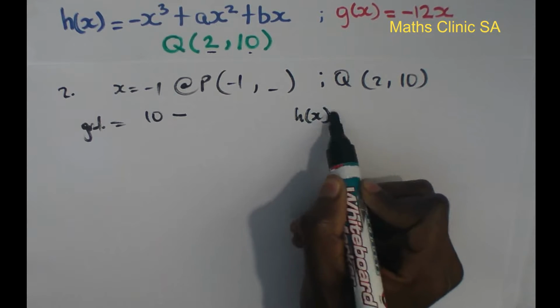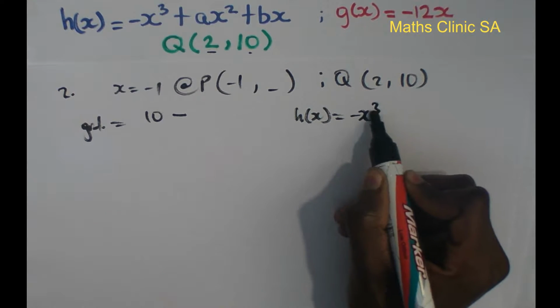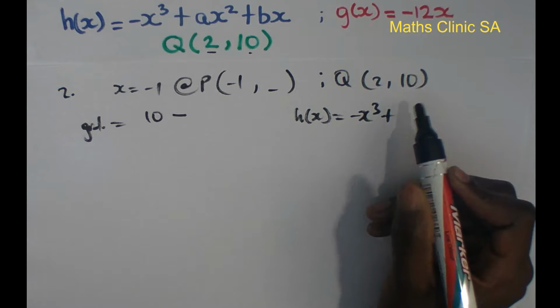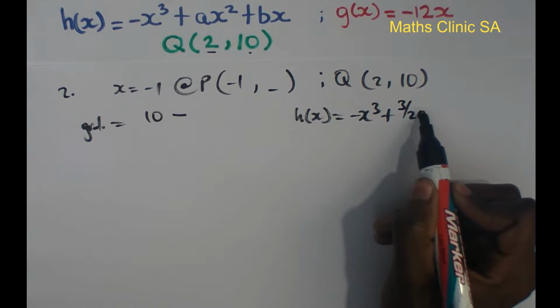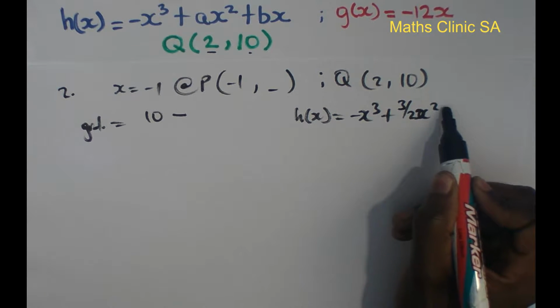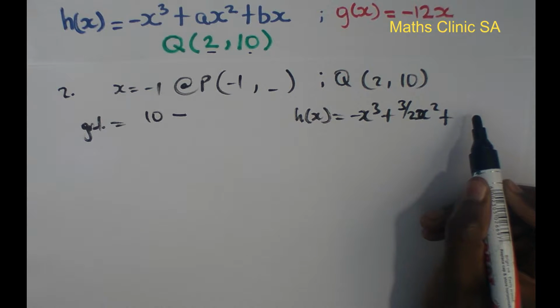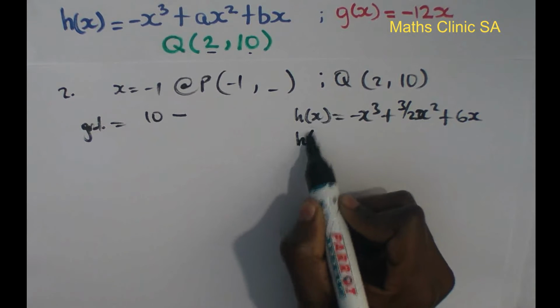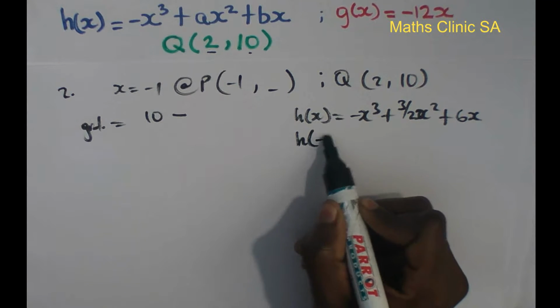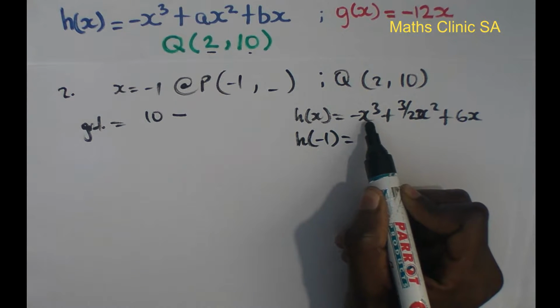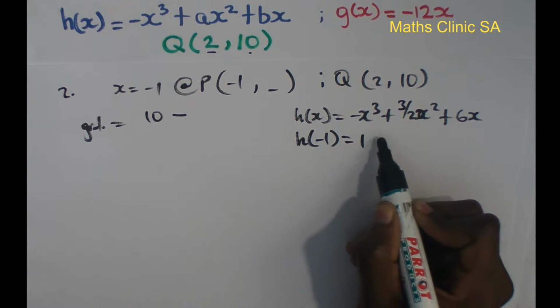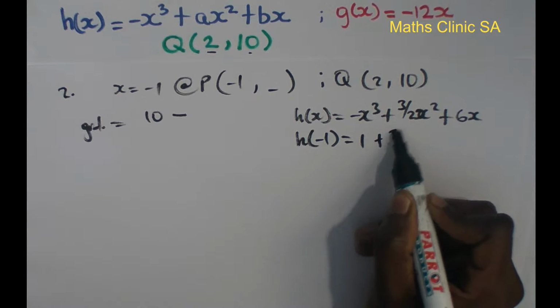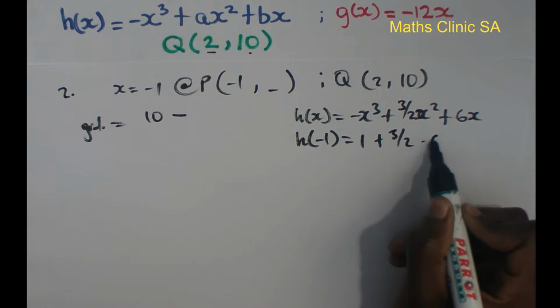H of x is minus x cubed plus a, and we find 3 over 2, so it's 3 over 2 x squared plus 6x. Alright, so we want the y value at x equals minus 1, so from minus 1 it's minus 1 cubed, which is a positive 1 plus 3 over 2 minus 6.